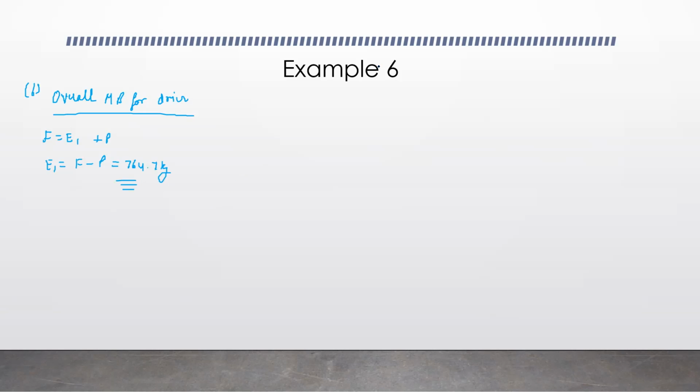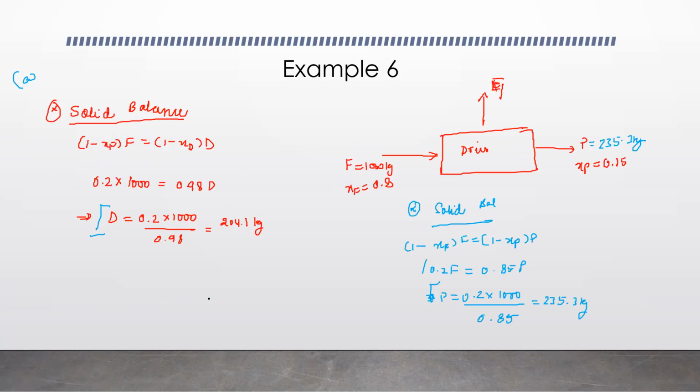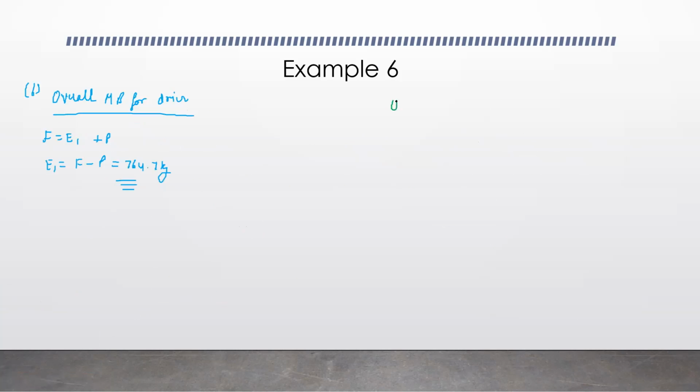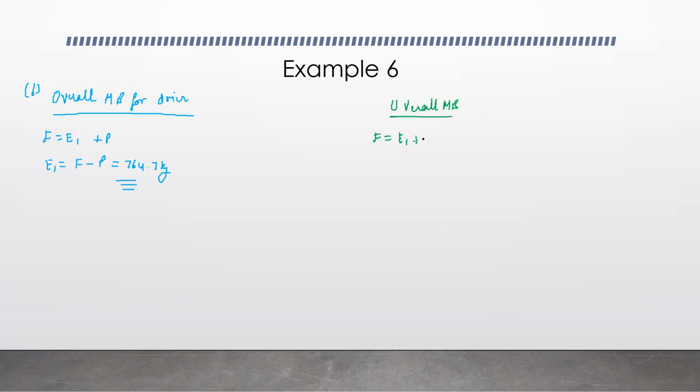All right. Then next what we are going to do is draw a block diagram, or let's take the green diagram itself. So when we do an overall material balance about the green diagram, that is going to be F is equal to output E1 plus E2 plus D. All right.